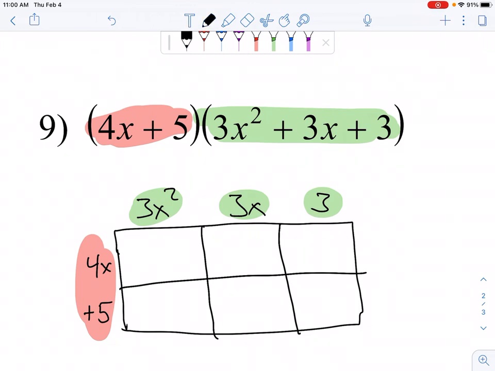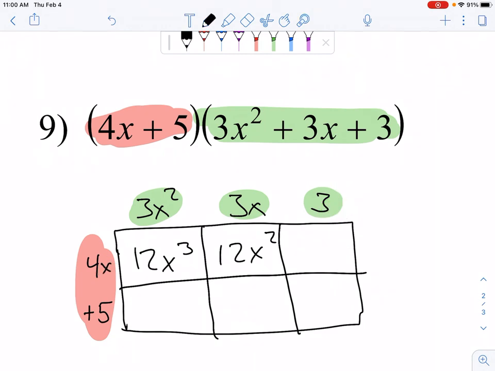All right, and now we just start multiplying out to get our numbers in the boxes. So my first box, that's going to make 12x to the third. In my next box, it's going to make 12x squared, because x to the second times x to the first gives us a third. X to the first times x to the first gives us a second. And if there's no x and an x, we're just going to get a regular x.